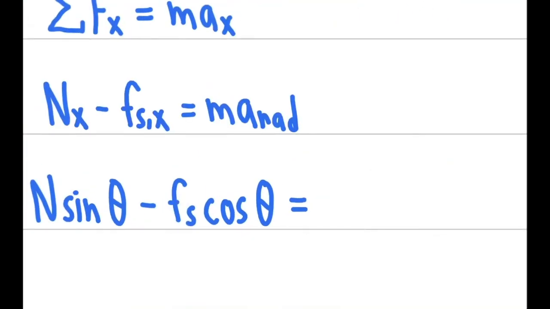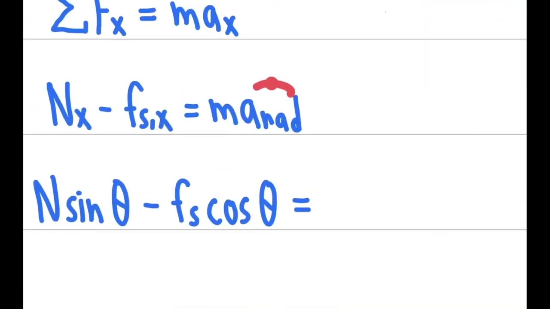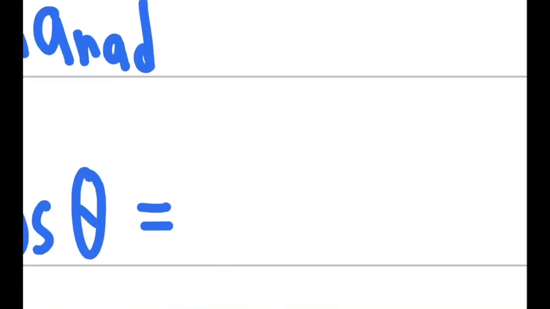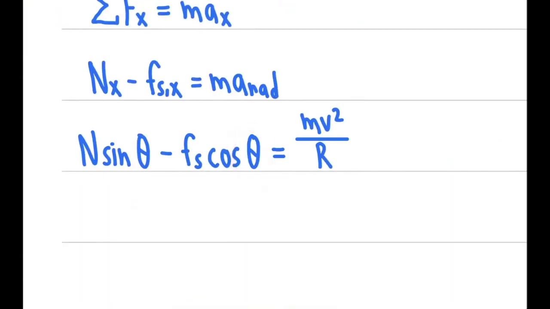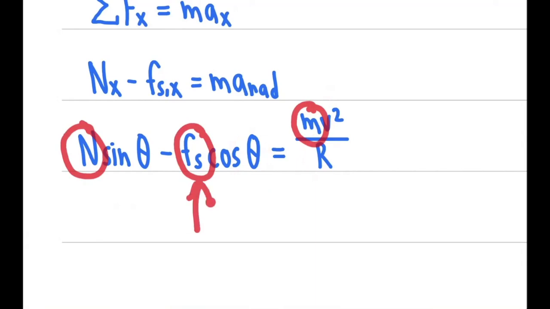And we're trying to find the minimum speed, so I'm going to write a rad as v squared over r. So the right-hand side is m v squared over r. We have theta, we have r, we want to find v. And we don't know m, we don't know F sub s, and we don't know N. Let's tackle F sub s because there's a formula for that, right?